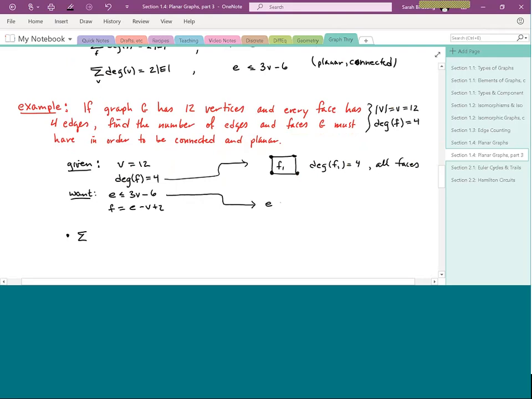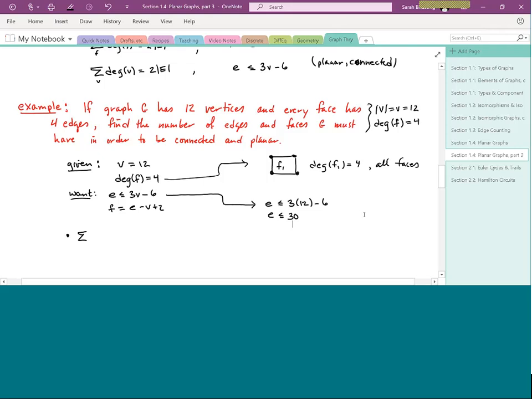Since we do know the number of vertices is 12, in order to have a connected planar graph, we'll plug in 12, and that does, in fact, give us 30. This means that we have to have fewer than 30 edges in our graph. Now, it does not tell us we have exactly 30 edges in our graph.